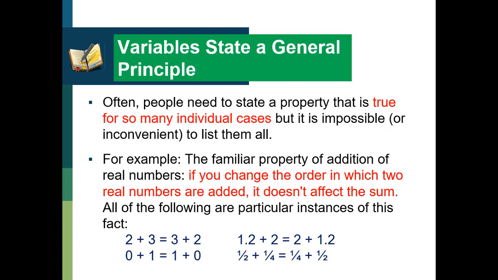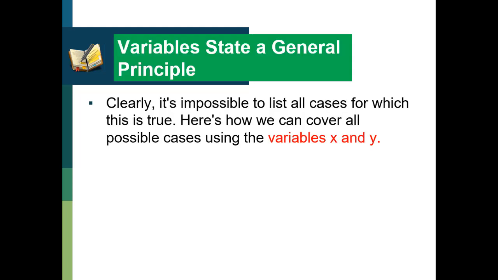Now, if you are going to write all the possible cases of real numbers possessing this property, it will be tiring and cumbersome. But with the use of variables, you can state it in a concise and precise manner. How? Clearly, it's impossible to list all cases for which this is true.